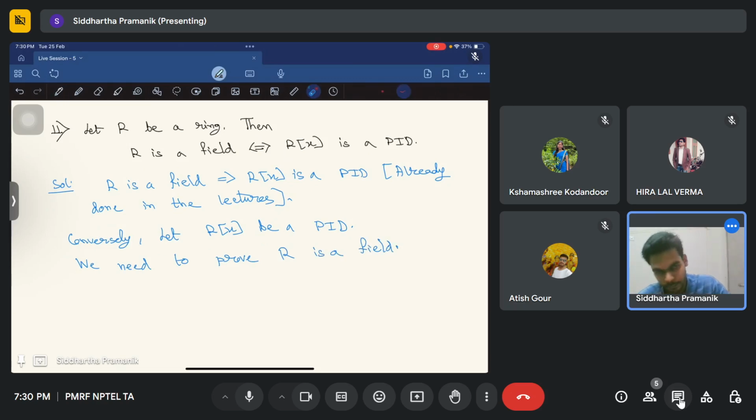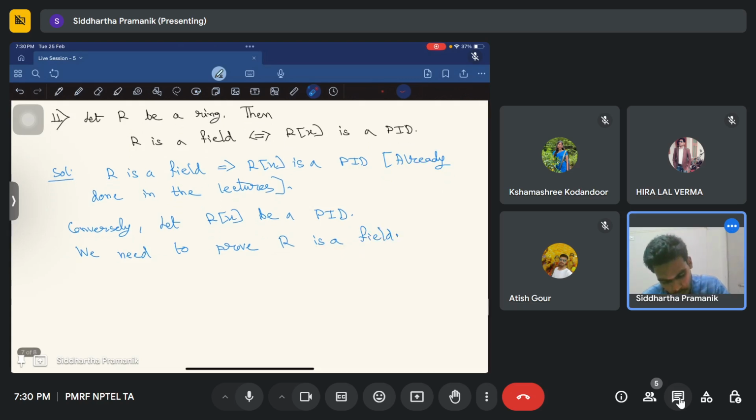Right? So to prove R is a field, what do we need to show? Field means every non-zero element is a unit. So we need to prove every non-zero element in R is a unit.